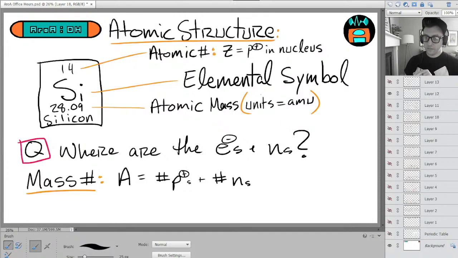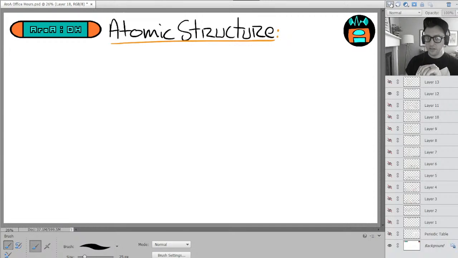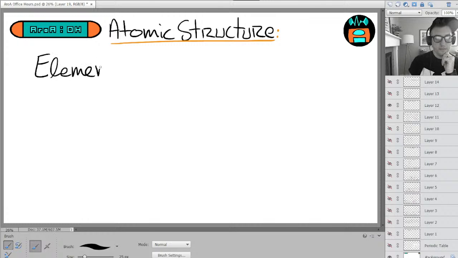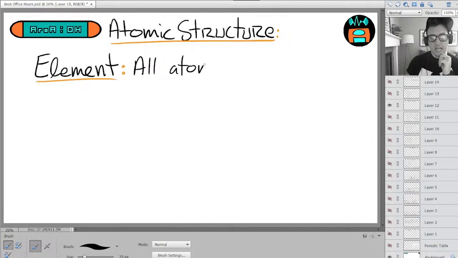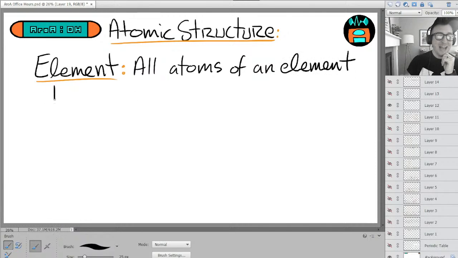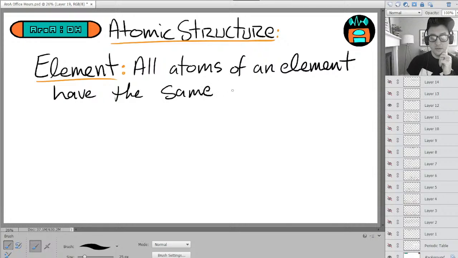So let's throw down some nomenclature here. When we talk about elements, all atoms of an element have the same proton count. They have the same number of protons in their nucleus.